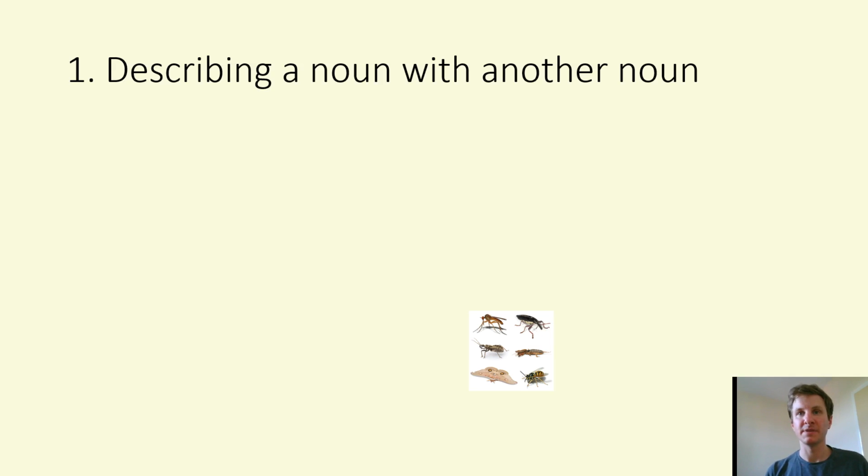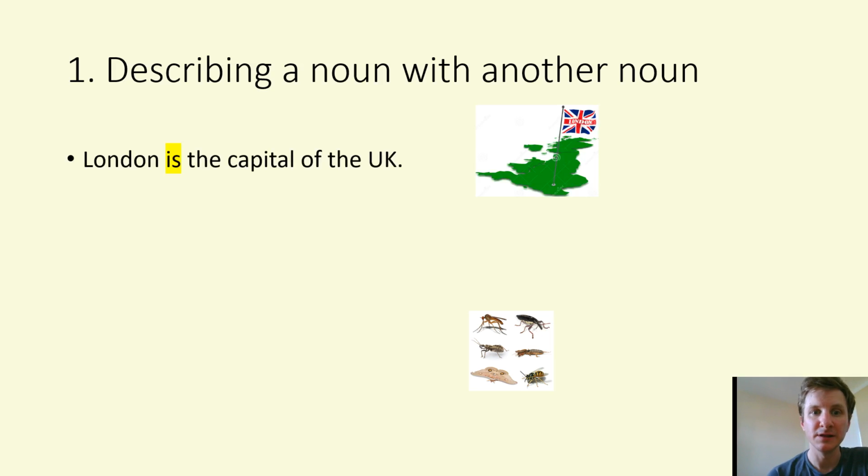Number 1, describing a noun with another noun. For example, London is the capital of the UK. London is a noun. The capital is a noun. So we use is in the middle. London is the capital of the UK.